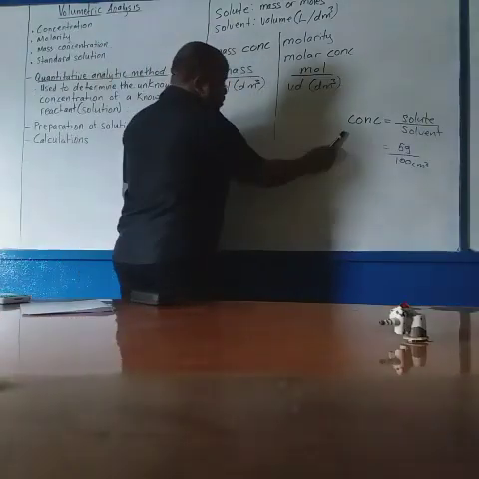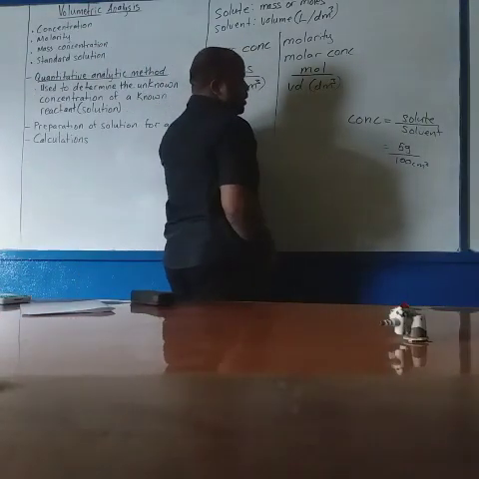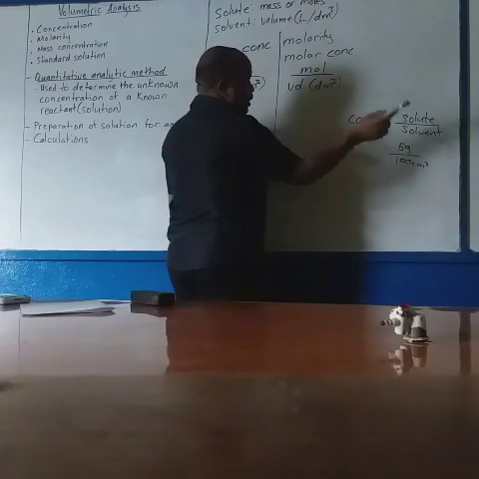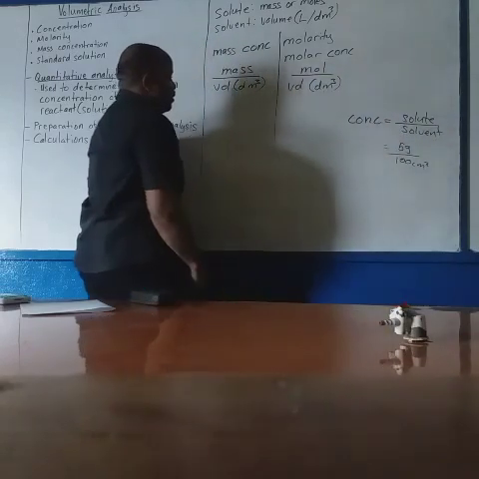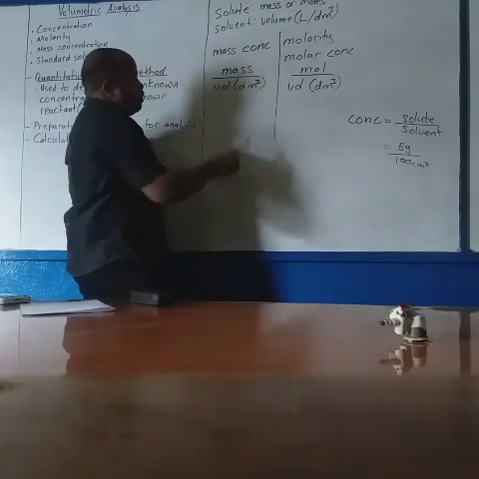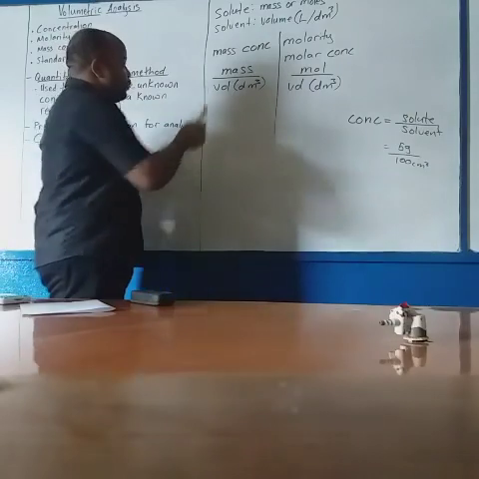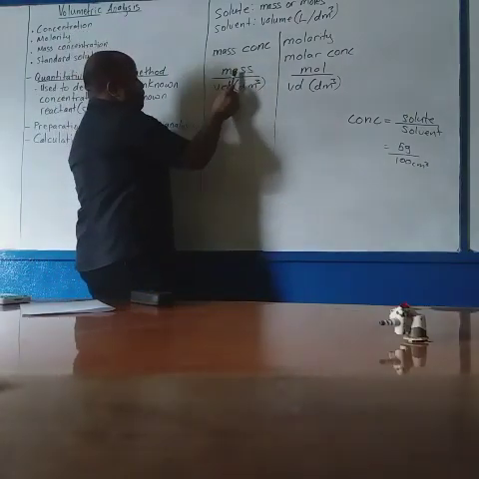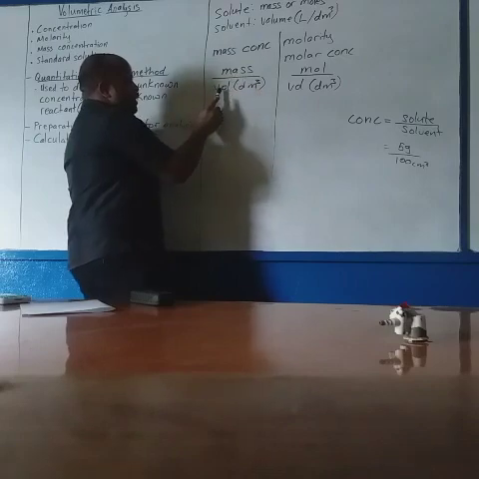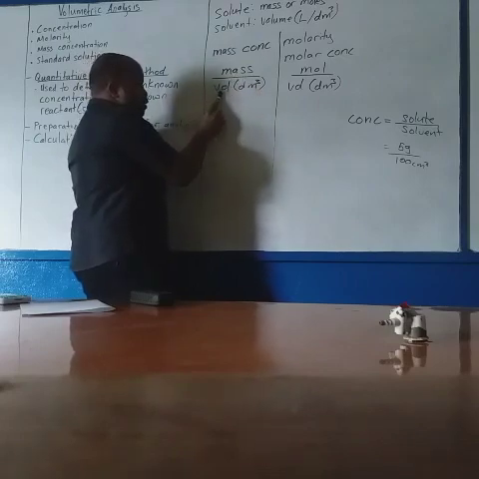So back to this formula, concentration is just the amount of solute present in the amount of solvent that you have. But the solute will be in two forms, mass or moles. If you are asked to find mass concentration, you will need to find the mass of the substance and divide it by the volume.